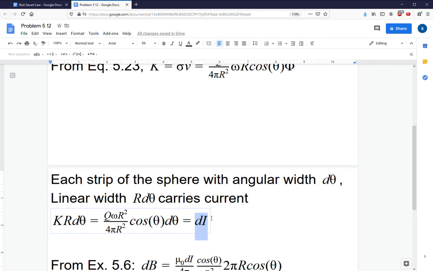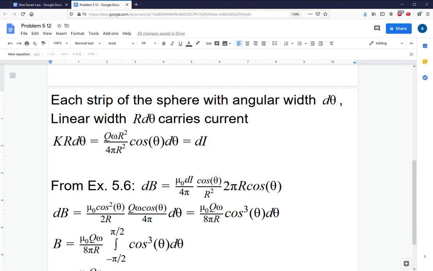This is a function of theta, and because we started with rings of constant angular width, we can integrate this with respect to theta to get our current. Another result from example 5.6, looking at the first answer, is B equal to mu naught I over 4 pi.